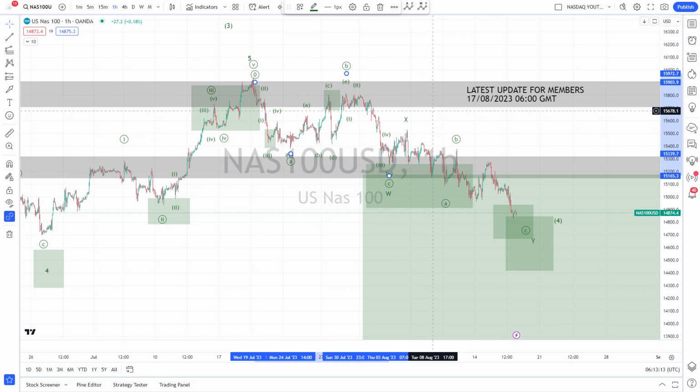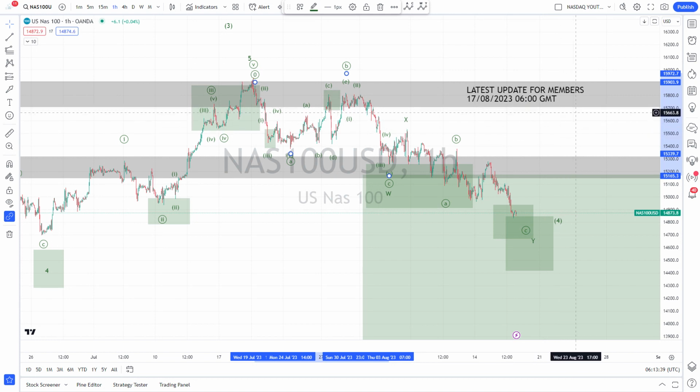And take your profits early, because every time after 3 waves it can be finished. Here it could be finished, here it could be finished, and now the same is here. It can be finished or a bit more downside, but then again from here we might go up in 3 waves, 1, 2, 3.